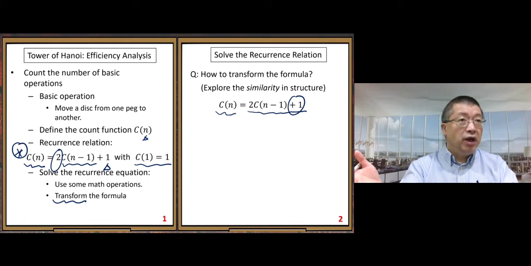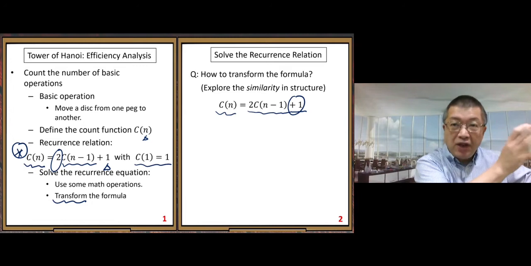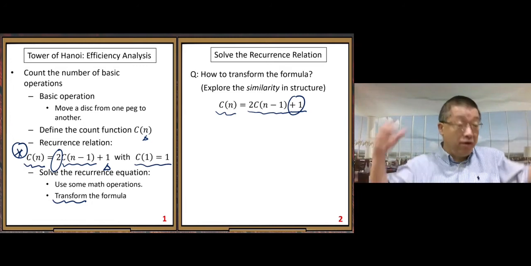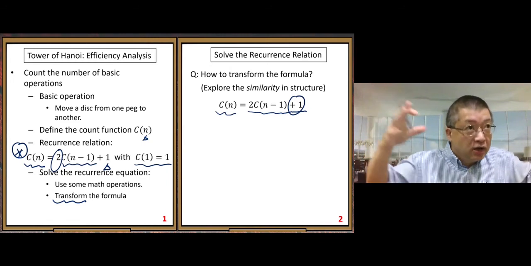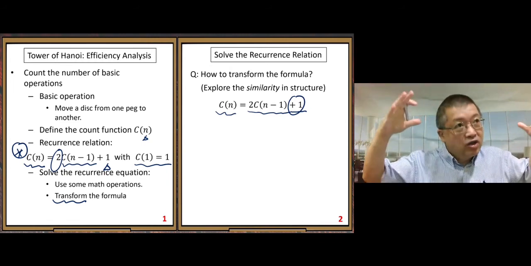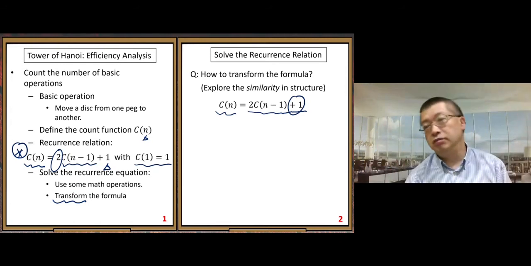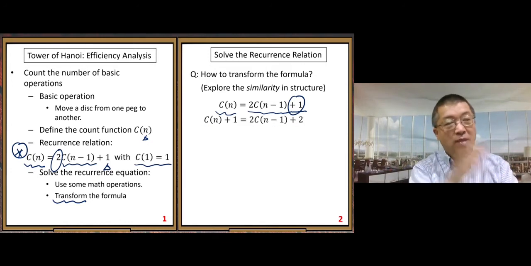In order to get a similar structure, you also need to make the left hand side plus something, so both sides have plus something. The structures could be closer. So how to do that? Plus 1 on both sides.